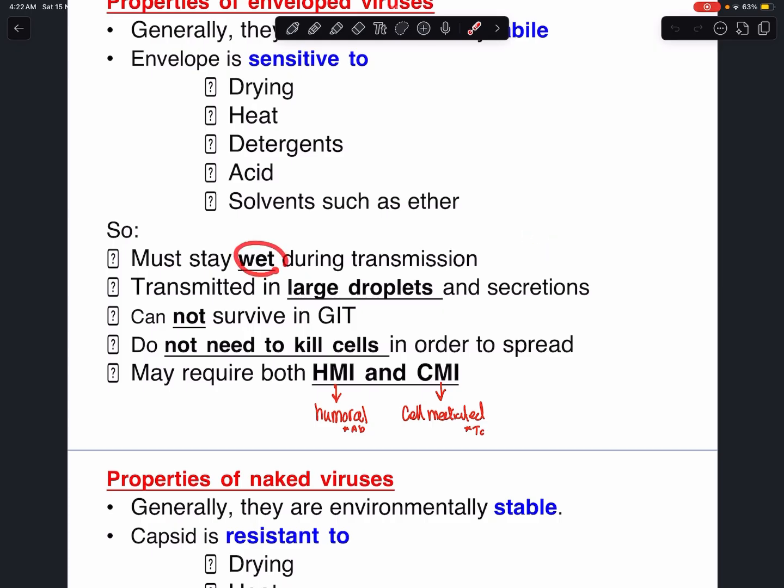It should be wet, transmitted in large droplets and secretions. It cannot survive in the GIT, okay? Because it's acid labile. It doesn't need to kill cells in order to spread. May require both humoral and cell-mediated immunity.